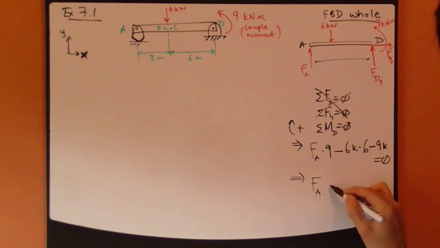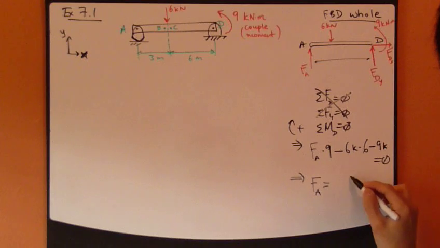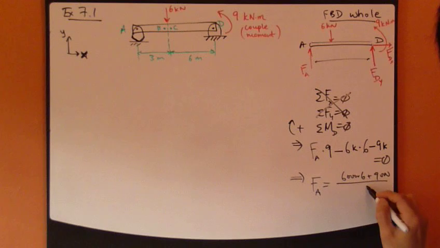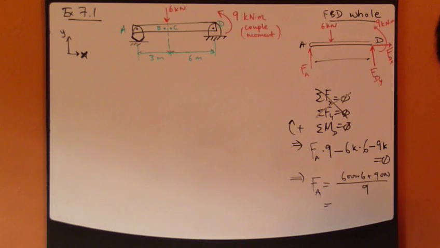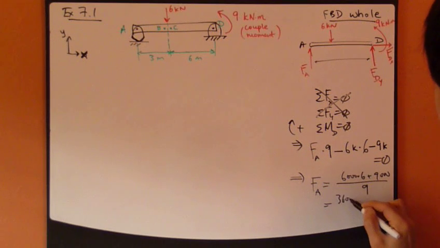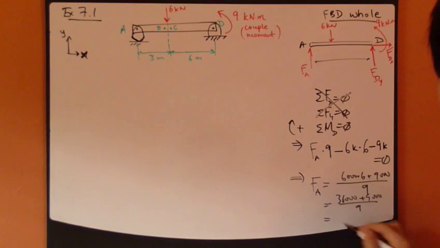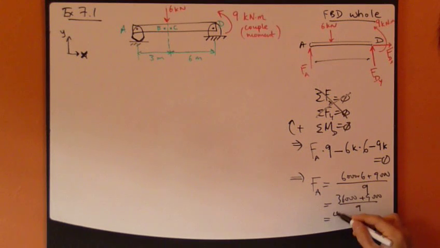Now you can crunch numbers, right? So move that over to 6,000 times 6 plus 9,000, divided by 9. So 36,000 plus 9,000 divided by 9. Right, so we have 45,000 divided by 9.